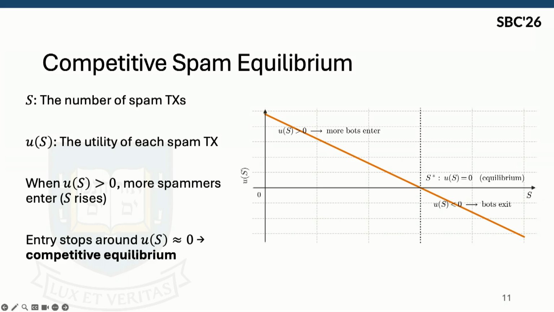We model that when the utility of each spam transaction is greater than 0, since the blockchain is permissionless and anyone can submit a transaction, more spam bots will flood in until they reach a point where the utility of each spam transaction is approximately 0, so they don't get a lot of value out of each spam transaction submitted to the blockchain. This is what we call the competitive equilibrium, which is an important assumption that we make for our analysis.